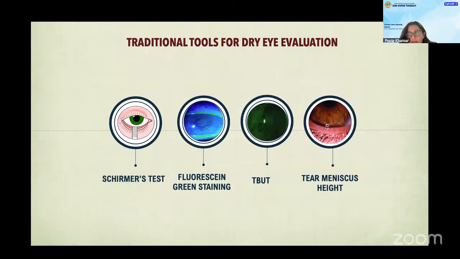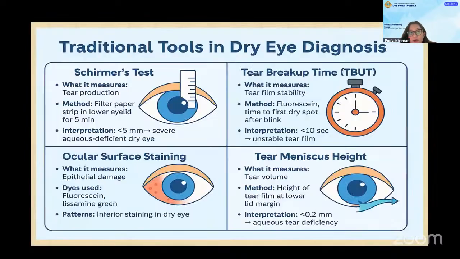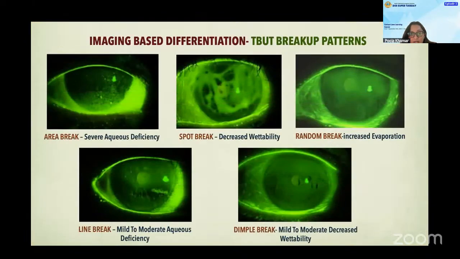Whatever happens, this is always going to be the gold standard. We all know how to do a Schirmer's test, TBUT, ocular surface staining and tear meniscus height, so I'll not go into the details of each. But before doing any of these tests, you shouldn't label the patient with a type of dry eye, or whether it's dry eye or not.